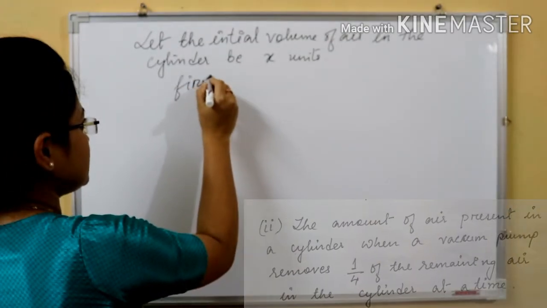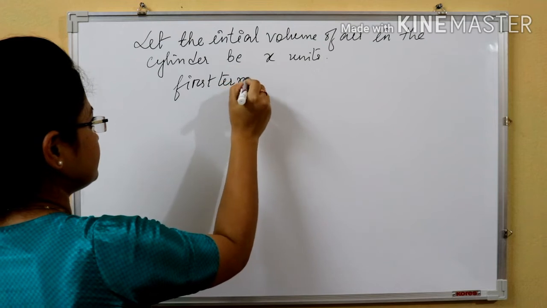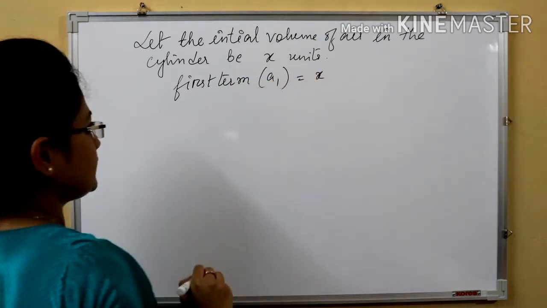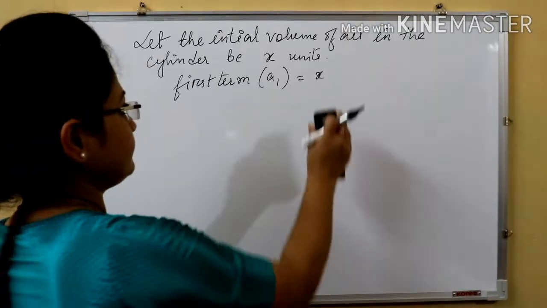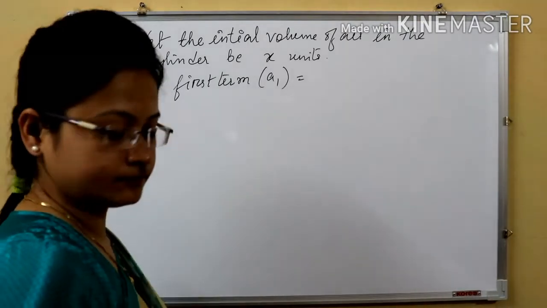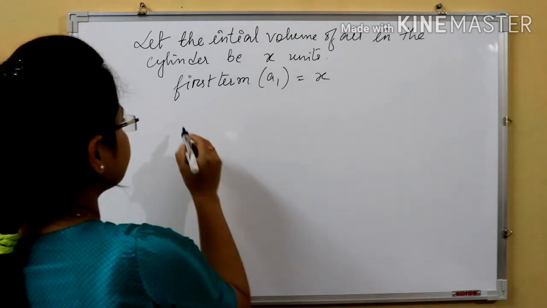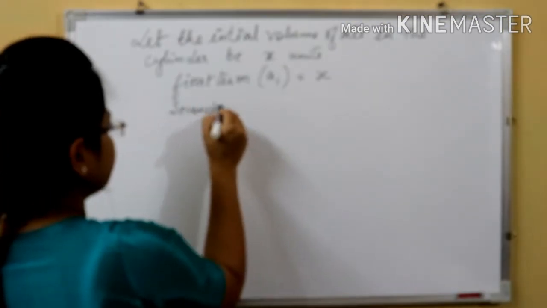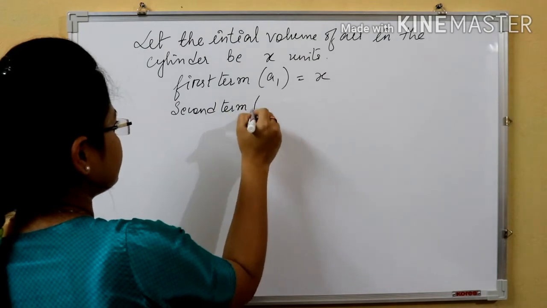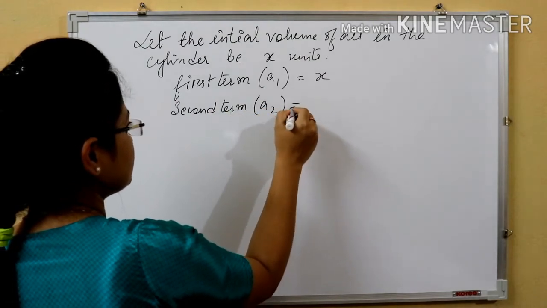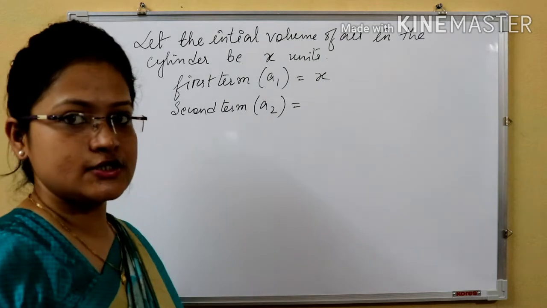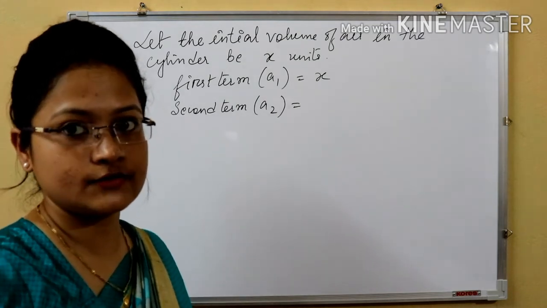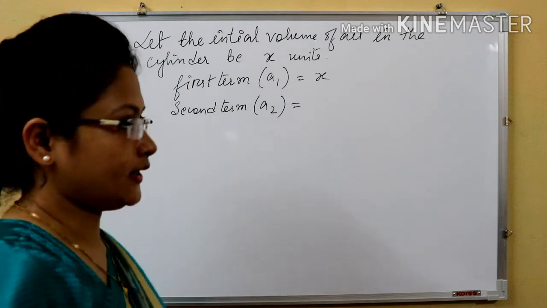That means our first term A1 will be x. Second term A2: from the initial volume of air, we will take out 1/4 of the remaining air.